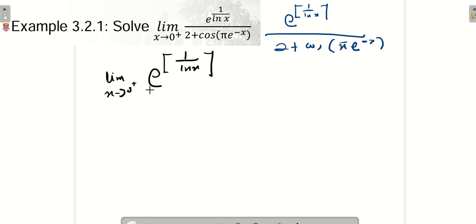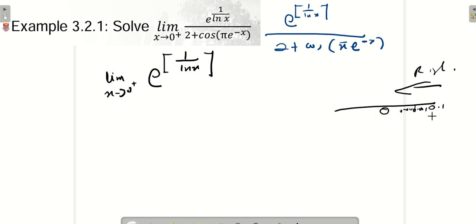Now to evaluate this, you need to make some analysis. You can pick your calculator and check some few values as x is approaching 0 from the right. From the right means if you have the number line and this is 0, you can have 0.1, 0.001, 0.00001. So you are getting closer to 0 from the right.